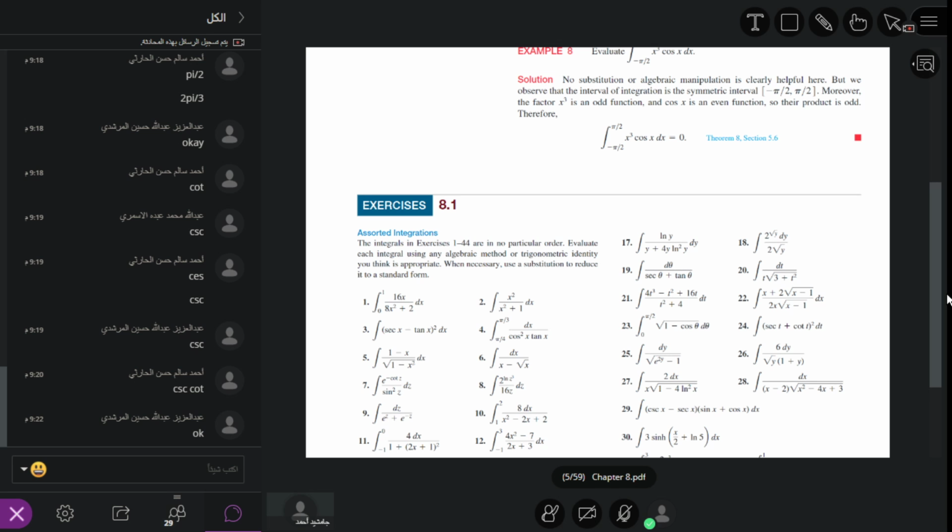Thus we get 1 over cos square theta plus 1 over cos theta dot sine theta over cosine theta.